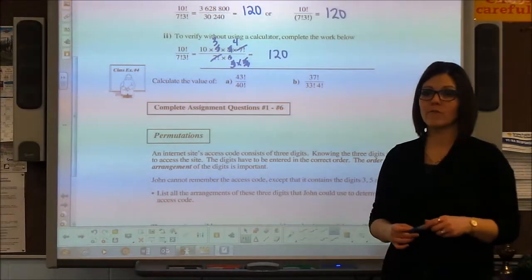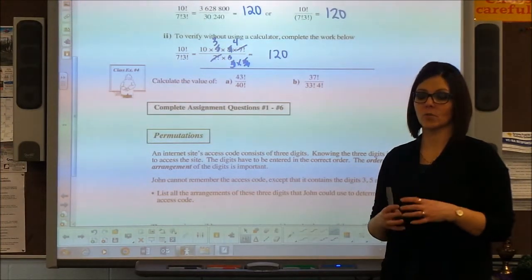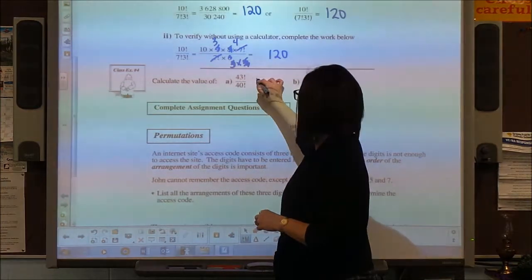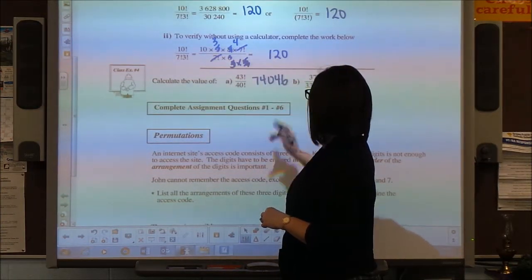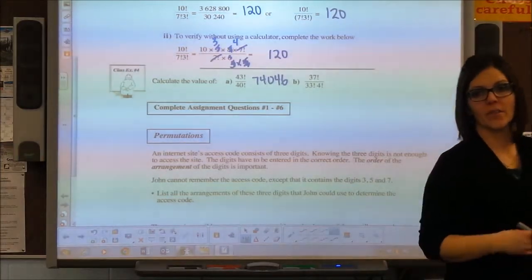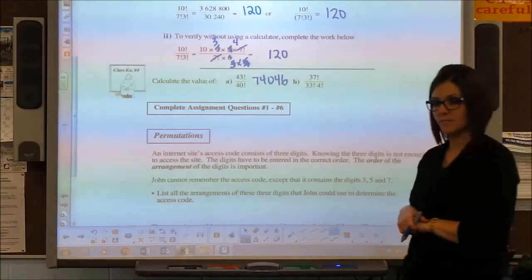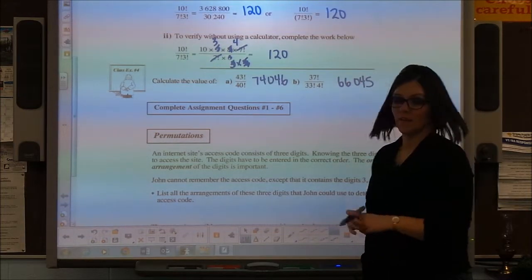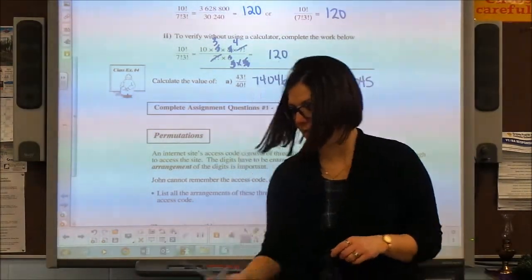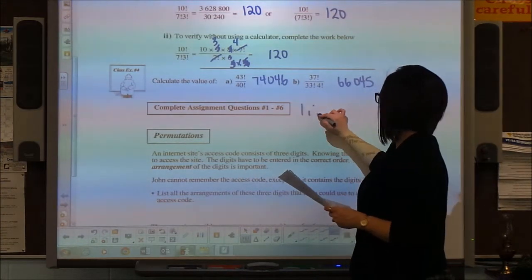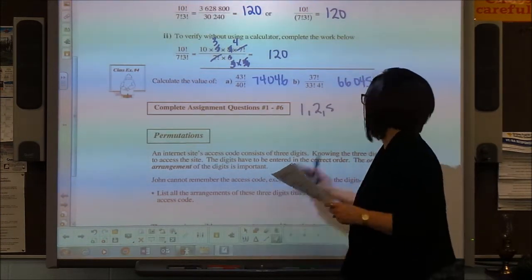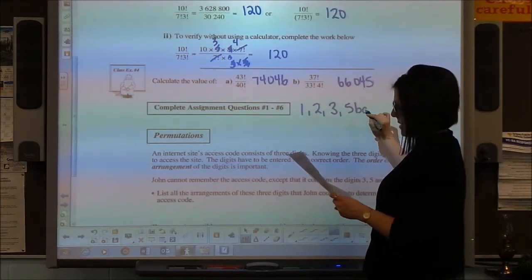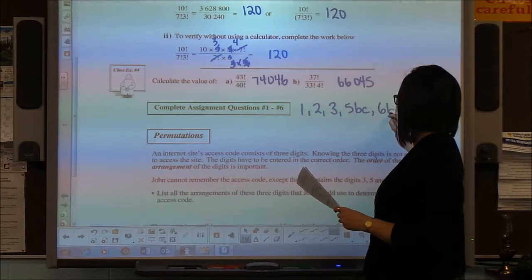Okay, so what do you get when you go 43 factorial divided by 40 factorial? 74,046. Yep. And then the 37 factorial divided by 33 factorial, 4 factorial? 66,045. Okay, so your practice questions, questions 1, 2, and 3. And then for question 5, B and C, and 6, B and C.